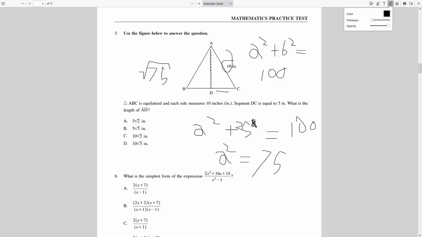But, the answer is... Huh. But the answer is irrational. Square root of 75, that is. Let me see here.